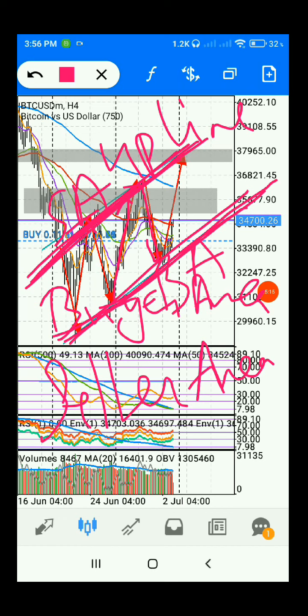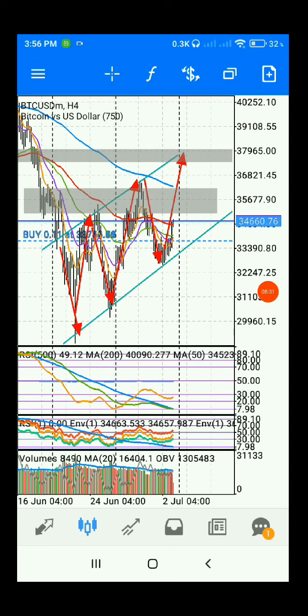When price hits the buyer's area, I mean BA, price tends to go up, so it is a buyer's area. If you follow this simple rule, buyer's area and seller's area, then you can take a sniper entry, and that's how you can take profit.